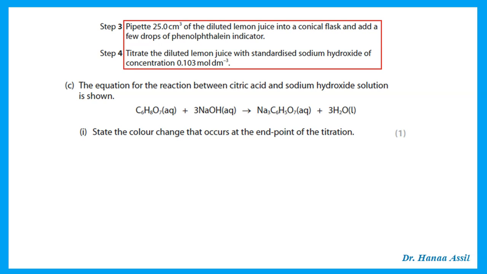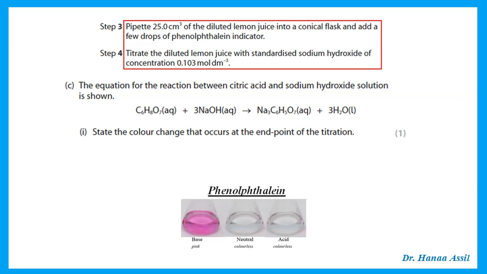Remember, what did we put in the flask? Which one did we put in the flask? We put 25 centimeter cubed of the lemon juice, which is the acid, and then I titrated with standardized sodium hydroxide in the burette. So when we put the acid into the flask and we add phenolphthalein, what is the color of phenolphthalein in acid?